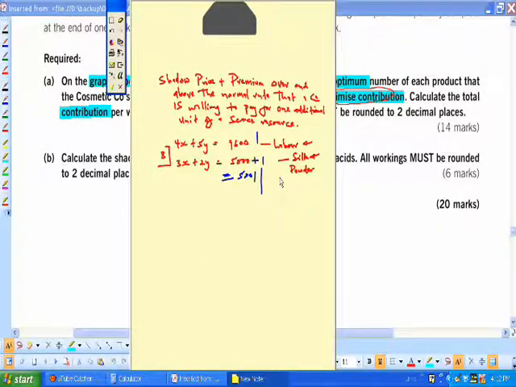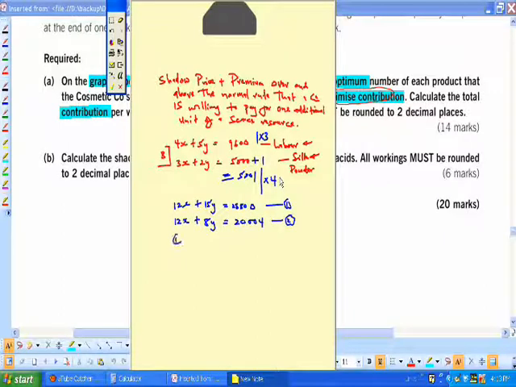To eliminate x, we multiply the first equation by 3 and the second equation by 4. We end up with 12x plus 15y is equal to 28,800, and 12x plus 8y is equal to 20,004. Let me call these equation 1 and equation 2.